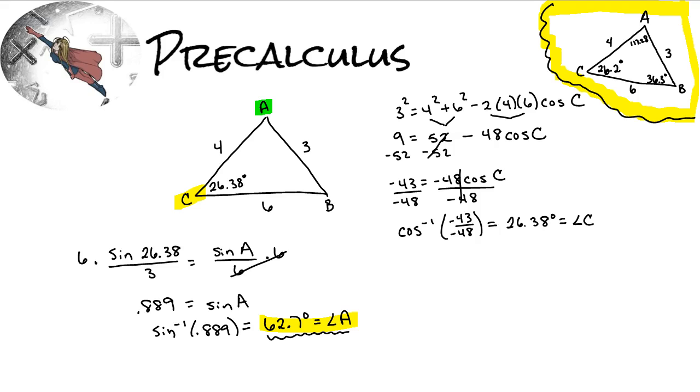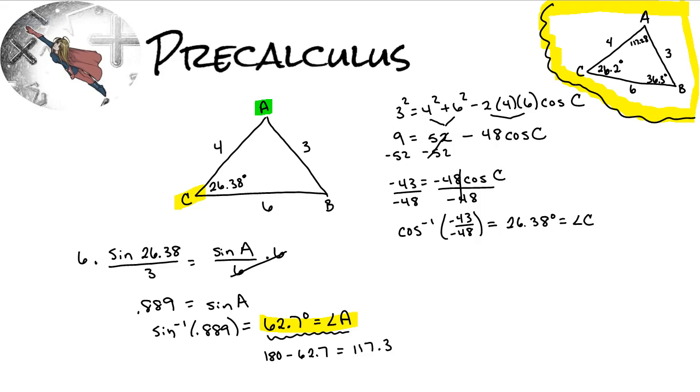So if we were actually doing this problem in this manner, then we'd have to realize this at this point and take 180 minus 62.7 and get the proper answer for A, which we know is 117.28, or let's just round for this problem, so 117.3, and then from there we could find angle B.